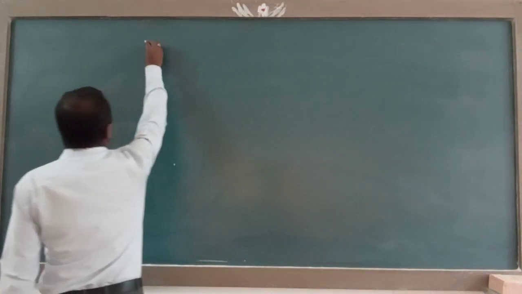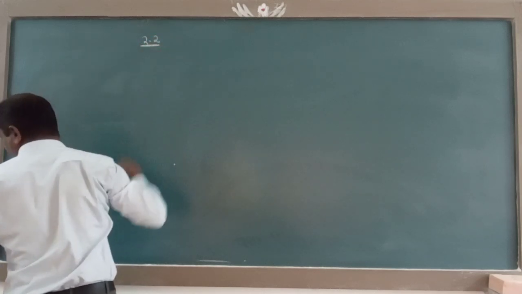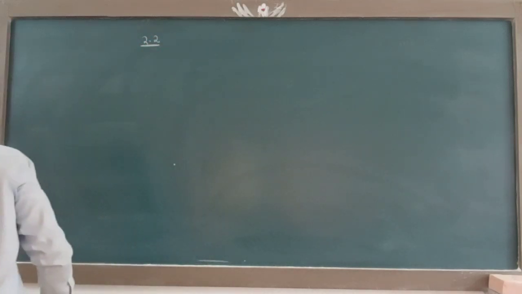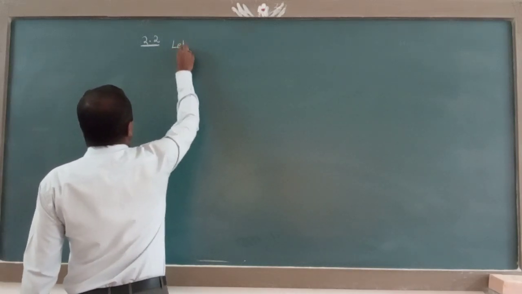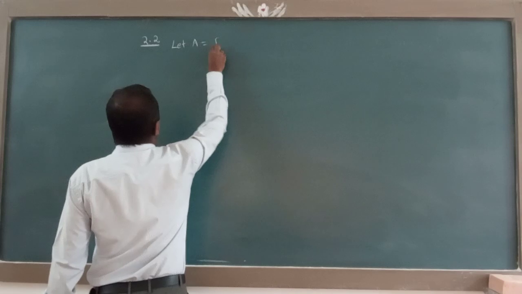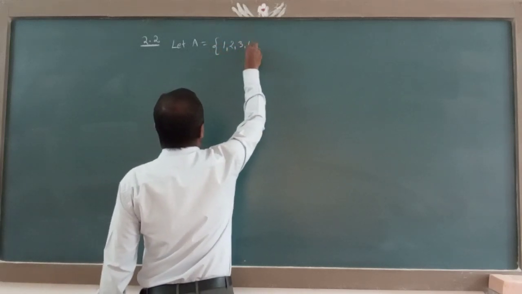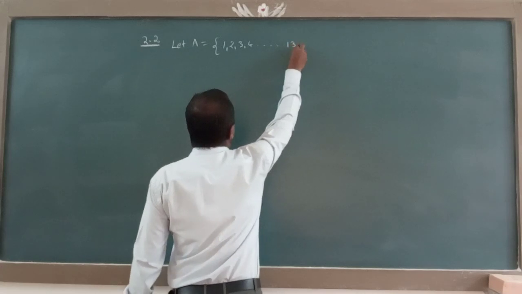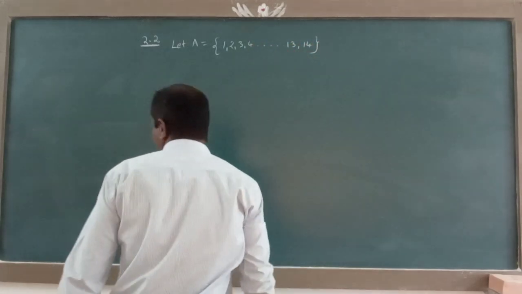Exercise 2.2 here. Let A be equal to 1, 2, 3, 4, and so on up to 13, 14. Like that, they gave 14 elements here.